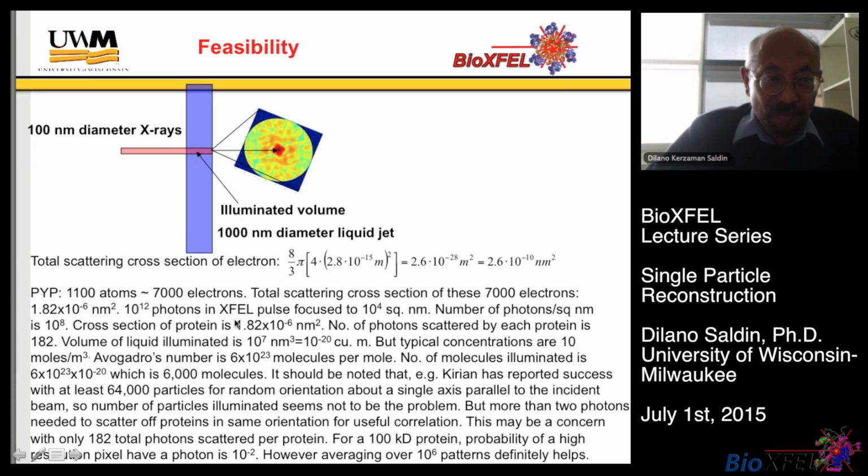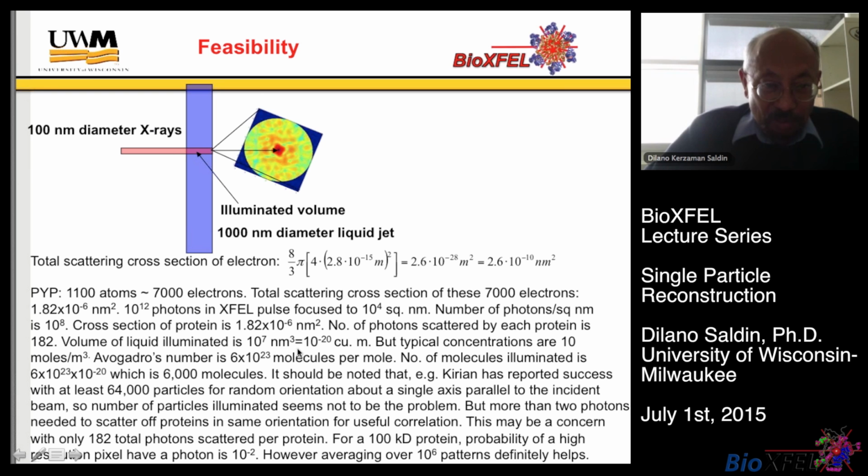Okay, so now the cross-section of a protein is about, as we worked out here, 1.82 times 10 to the minus 6 square nanometers. So the number of photons scattered by each protein is the product of this number times the number of photons per square nanometer, which is about 10 to the 8, and this gives about 182.